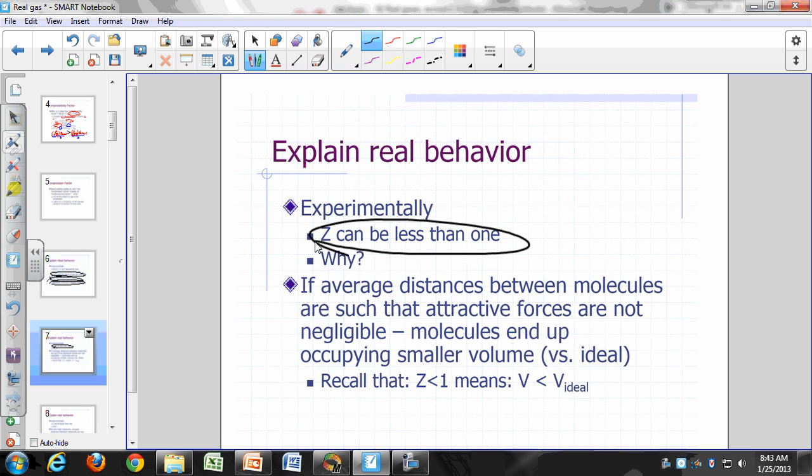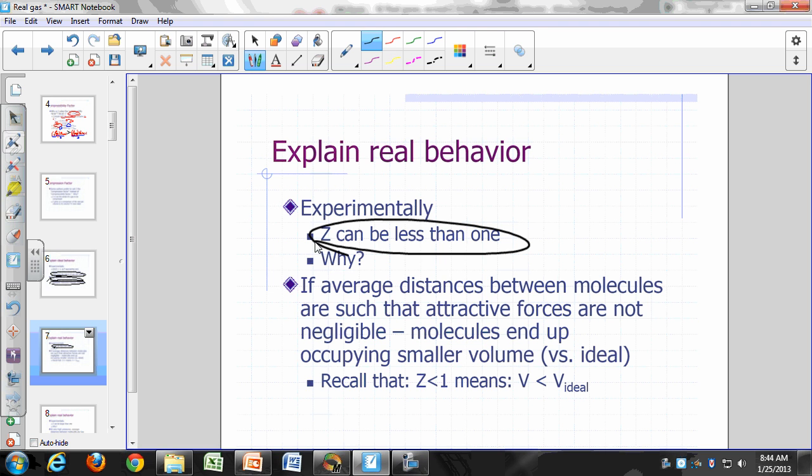You would interpret that to mean that you must be dealing with a case where there are attractions among the molecules that would make the entire volume shrink compared to what it would be if it were ideal. So if the molecules just don't care about each other, you have the ideal volume. But if the volume appears to have shrunk, then there must be a predominance of attractive forces that seems to be pulling those molecules in closer together.